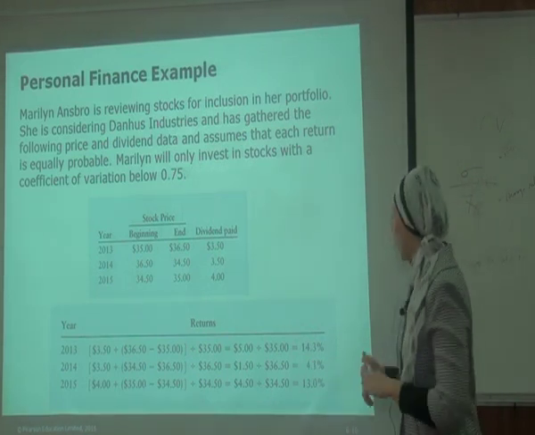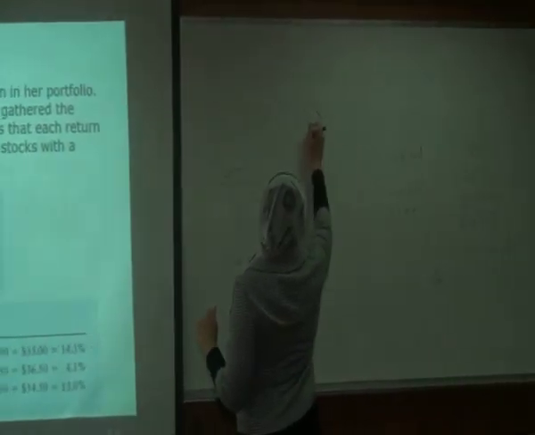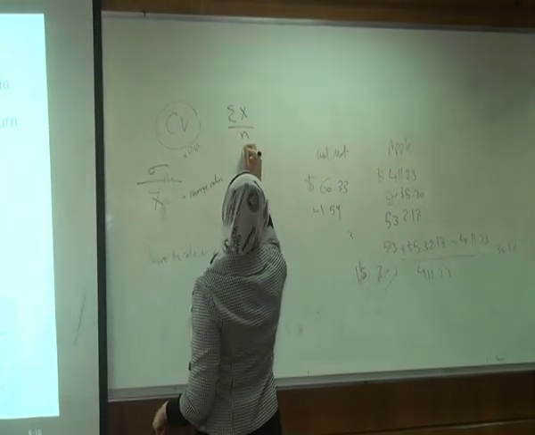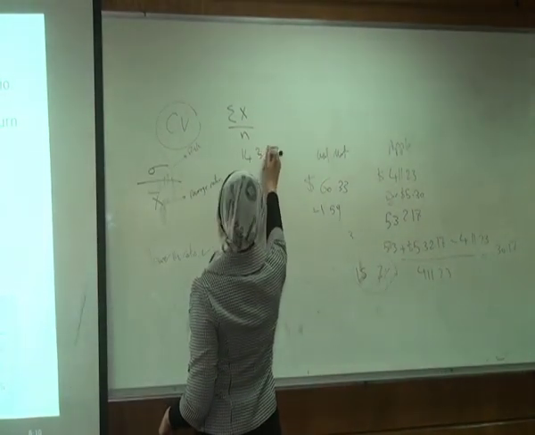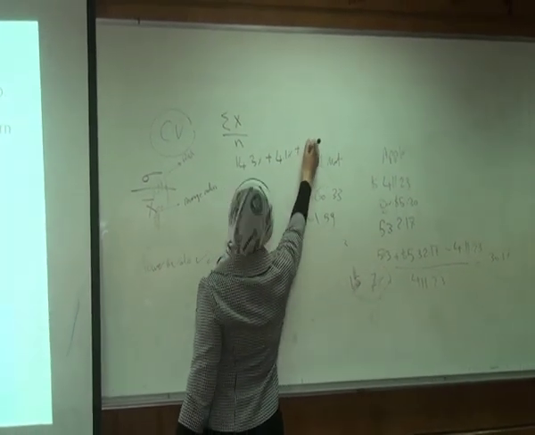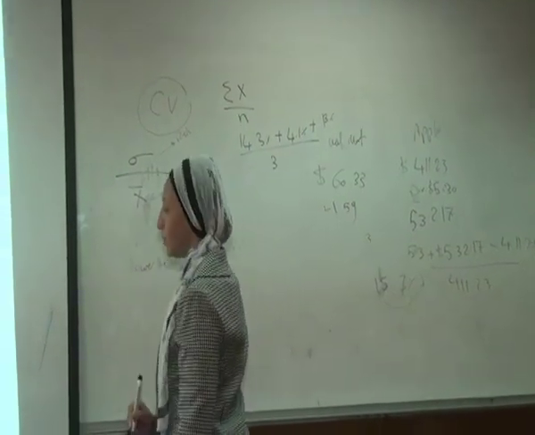In that case, our return will be summation x divided by n. X is 14.3% plus 4.1% plus 13%, all divided by 3.